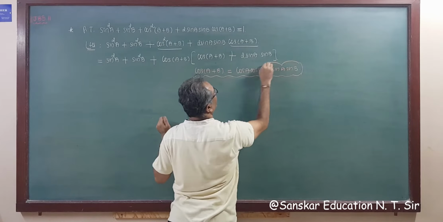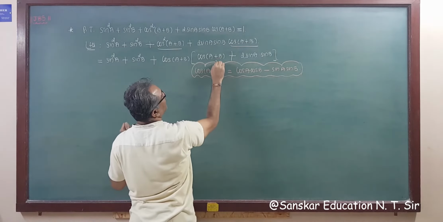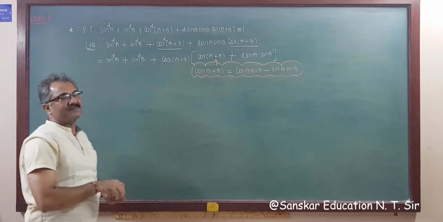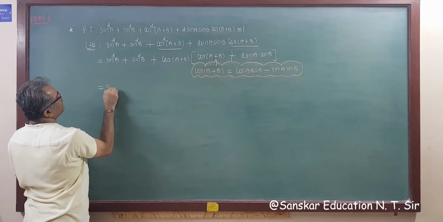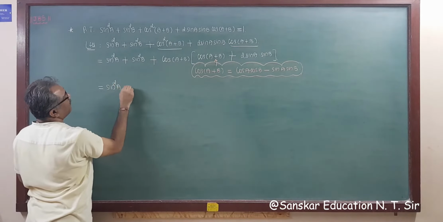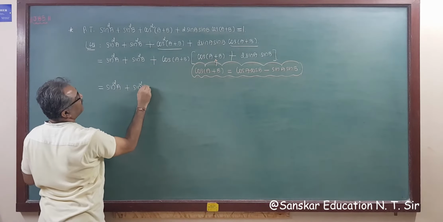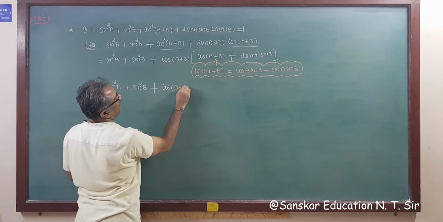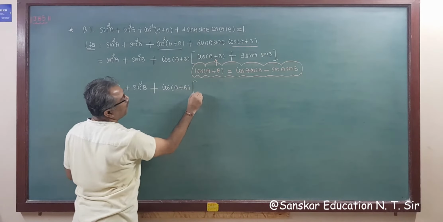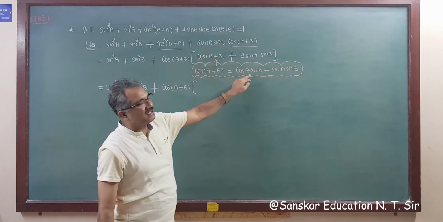Right? Applying the formula to this term cos(a plus b) only, if this is as it is, the answer will be sin square a plus sin square b plus this is cos(a plus b) into bracket, cos(a plus b) is this formula.